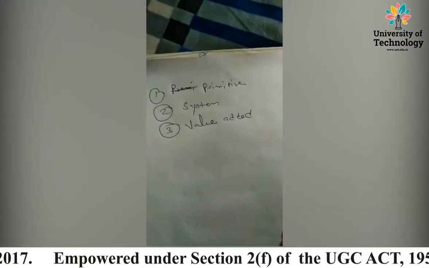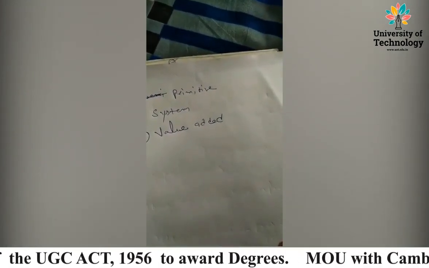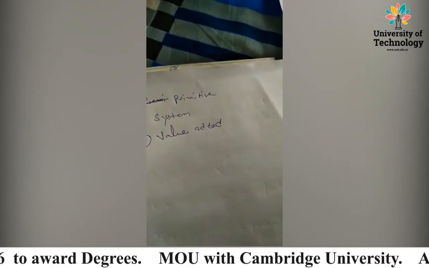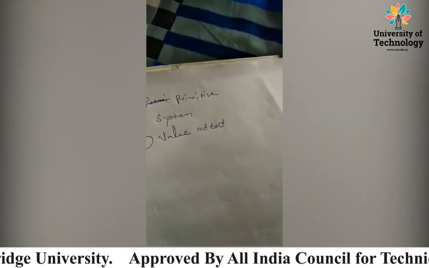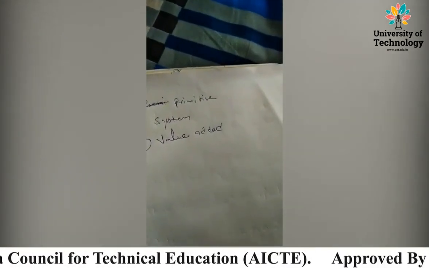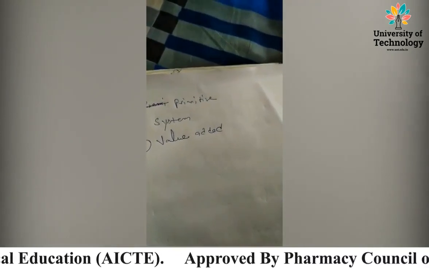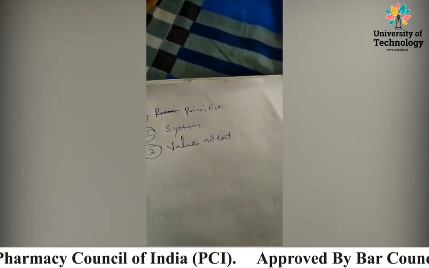Primitive services are fundamental mechanisms that reside in the kernel. System services are user friendly and directly communicate with the users. Value added services are visible to the users from the application point of view.